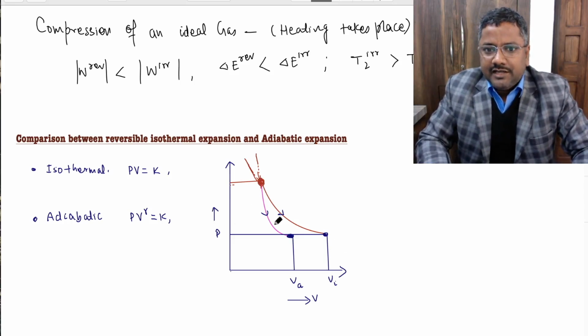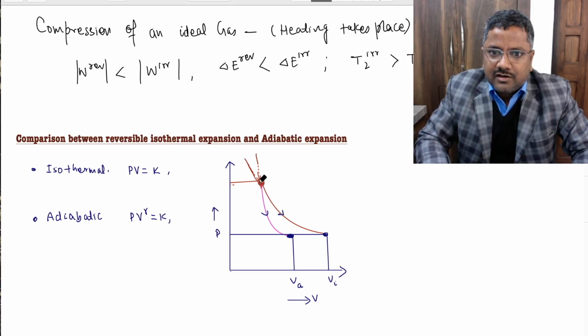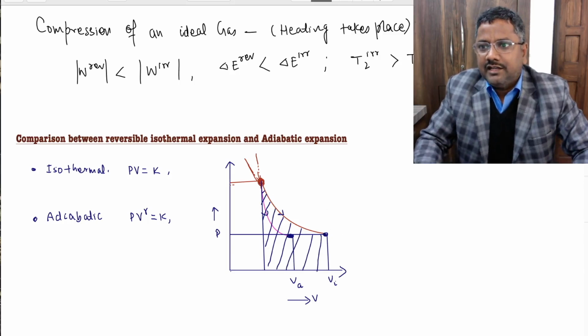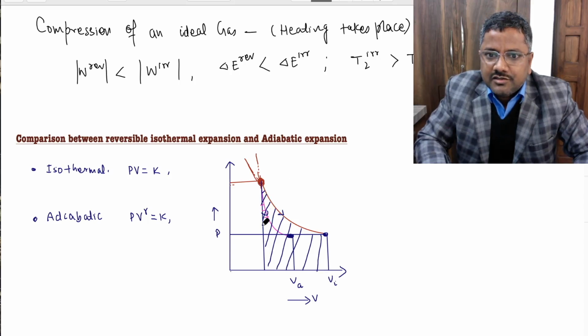If you see the area under the curve, the area under the curve for this isotherm is more than the area under the curve for this adiabat.